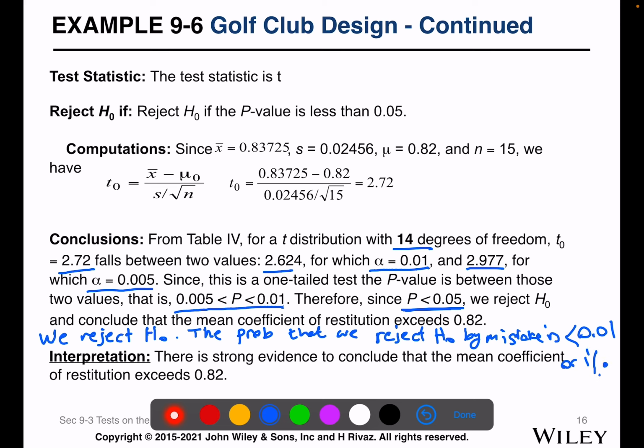So that's what it means when we say p-value is less than 1%. That means that the probability that we reject H0 by mistake is less than 1%. And that's a very reasonable probability. If there's less than 1% chance that you're doing something by mistake, I think that's a reasonable chance. Any questions? Okay.